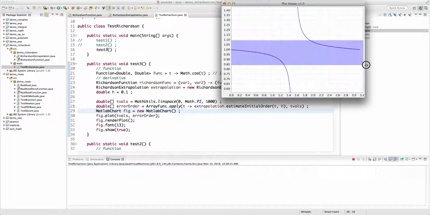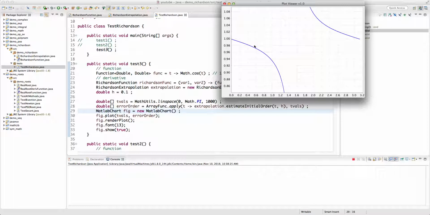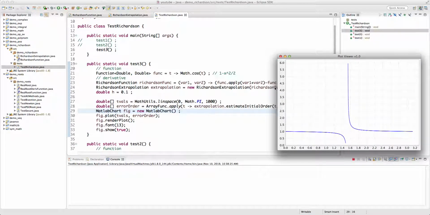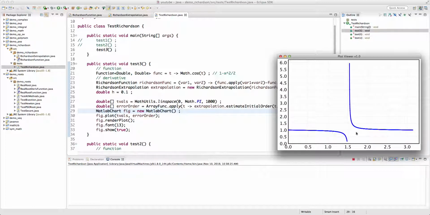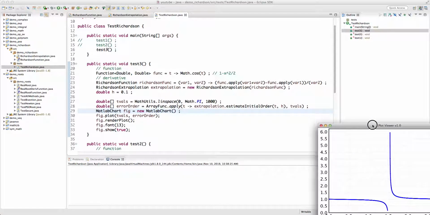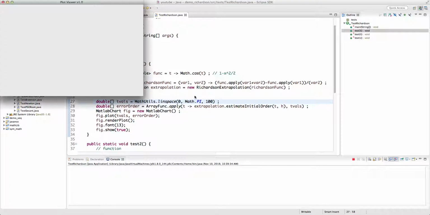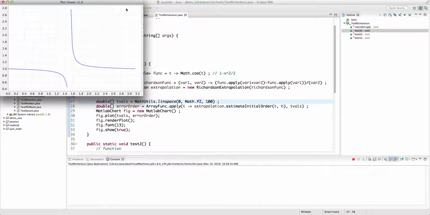But in general the error order should remain around 1, because this forward approximation should give you an error order of 1, and we can basically see it here, right? Let me maybe reduce the number of points. We still have this discontinuity here.